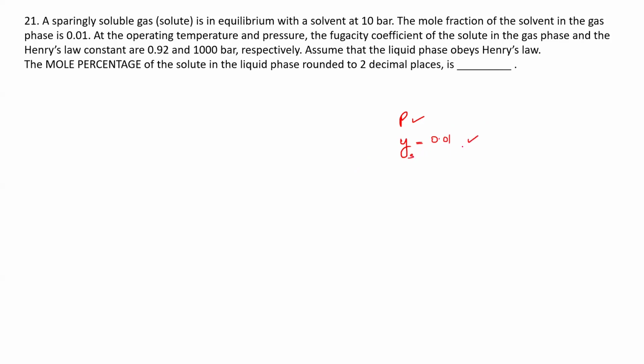So Y is known. At the operating temperature and pressure, the fugacity coefficient of the solute, this is solvent, okay? This is solute in the gas phase and is equal to 0.92, and the Henry's law constant H is equal to 1000 bar. Assume that the liquid phase obeys Henry's law. The mole percentage of the solute in the liquid phase rounded to 2 decimal places is.